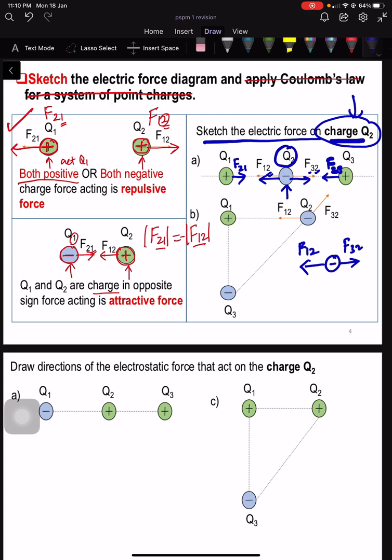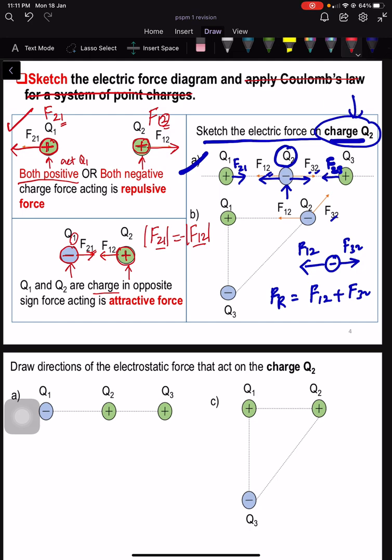Because the forces we draw are not laid down on the same axis, but on different axes. So for this you will do resolving of forces, with the cos and sin. But it's okay. For A, you get the same axis, right? Axis negative x and axis positive x. So the way to determine the resultant is very easy, because for F resultant you just add up F12 plus F32.